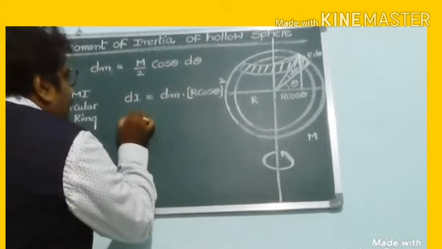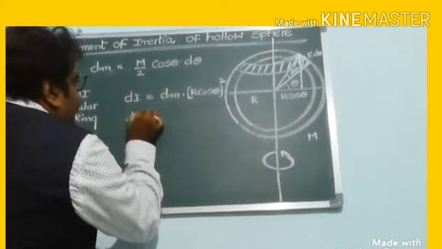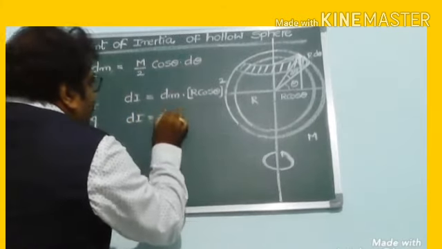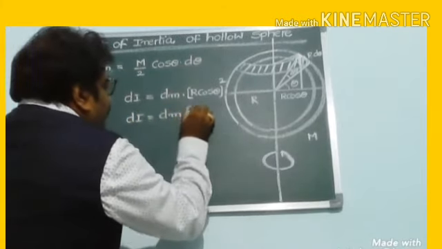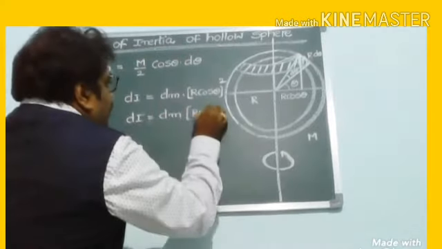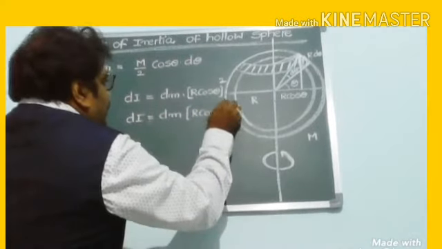So dI equal to dm into r cos theta whole square.